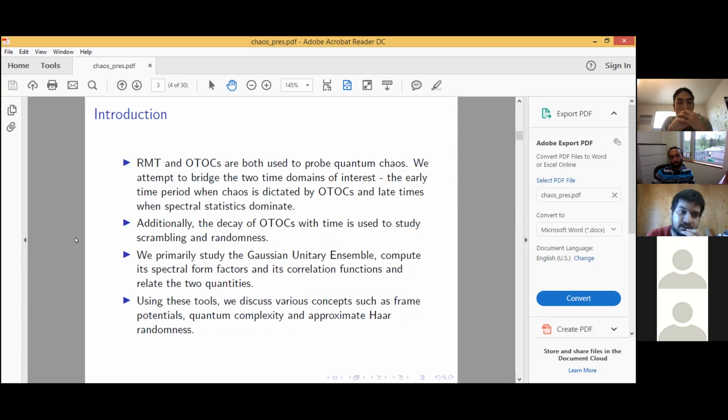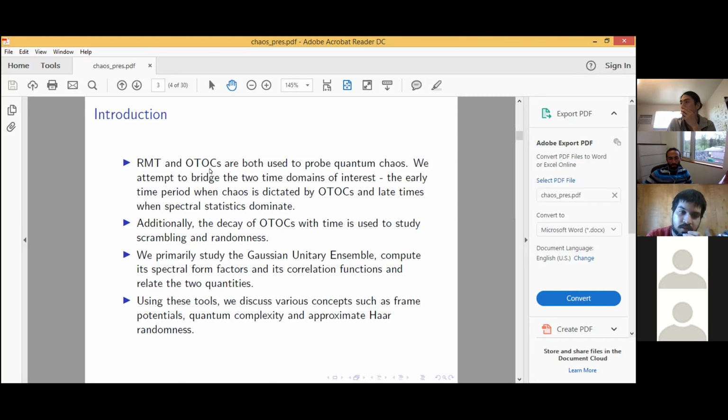As we discussed, random matrix theories and OTOCs are both used to probe quantum chaos. As we stated and as we'll see later, the early time physics is captured by the OTOCs and the late time physics is captured by the spectral statistics of random matrix theory. So one of the aims of this talk is to find a relation between the two concepts.